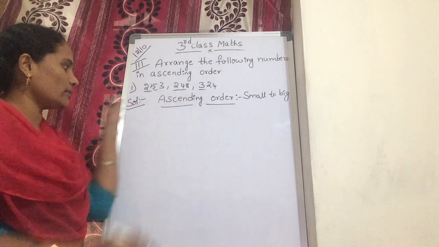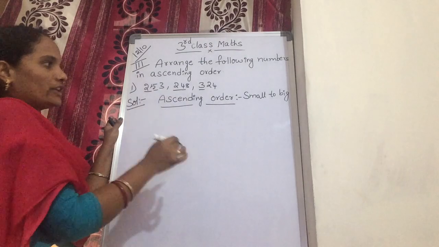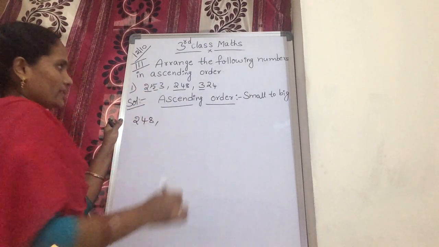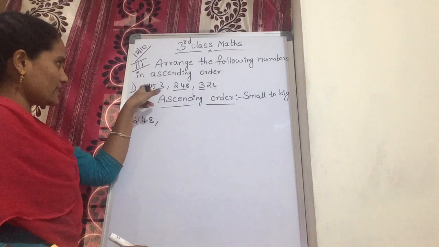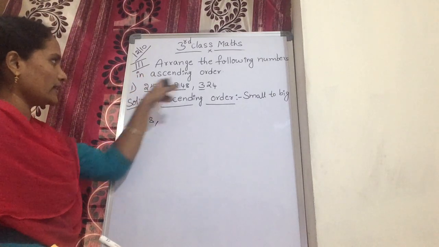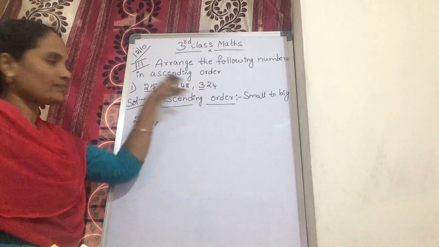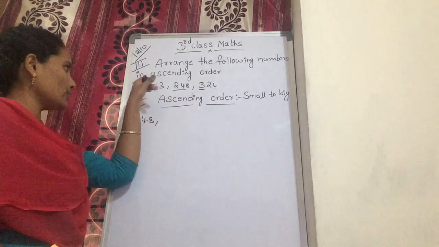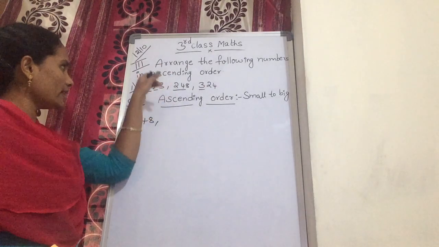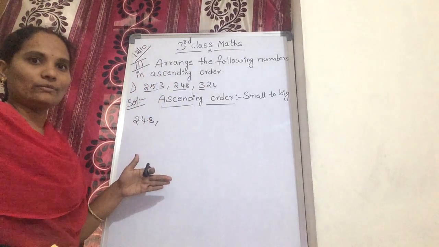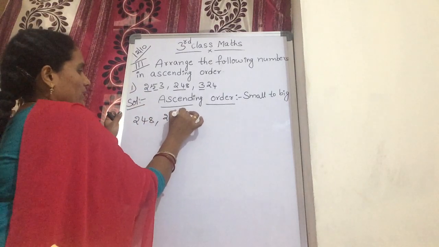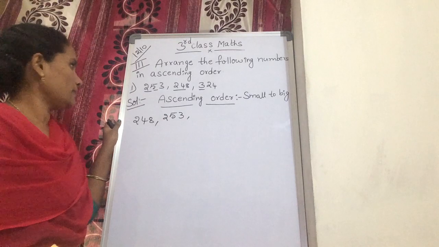The first small number is what? 248. You should write it first. Next, in hundreds here 2 is there and here 3 is there. Which one is the small? 2. So this 253 is the next small number, and you should write 253.